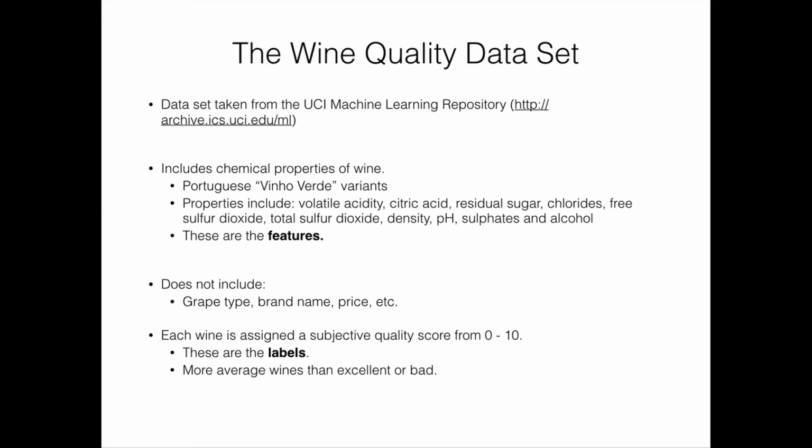The properties are chemical properties, and I list a few here: volatile acidity, citric acid, residual sugar, and etc. These are the features. The labels for this model are the quality scores. So these are the subjective quality between 0 and 10, where 0 is a bad wine and 10 is a good wine. The features don't include things such as the grape type and the brand name or price.